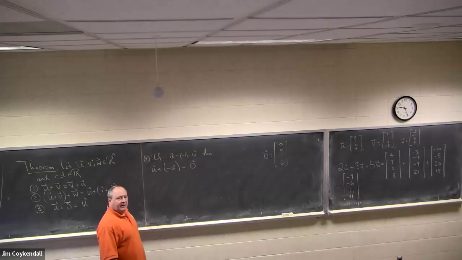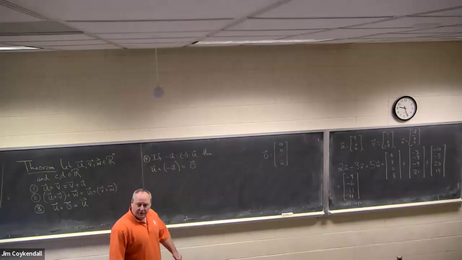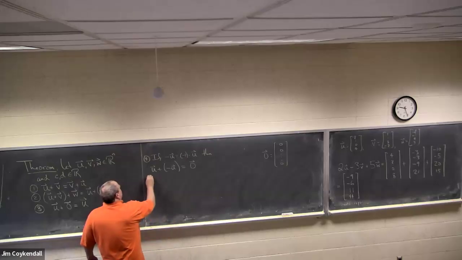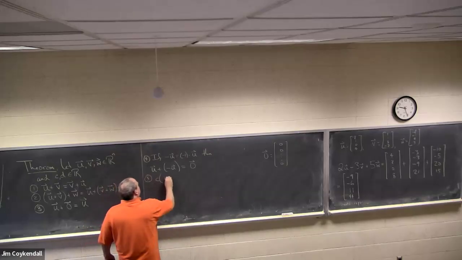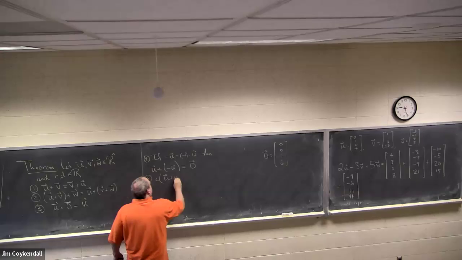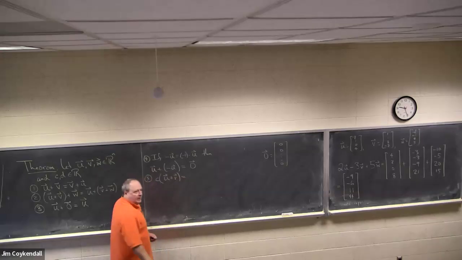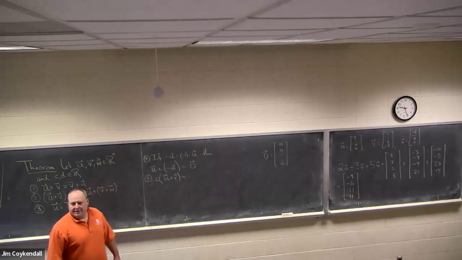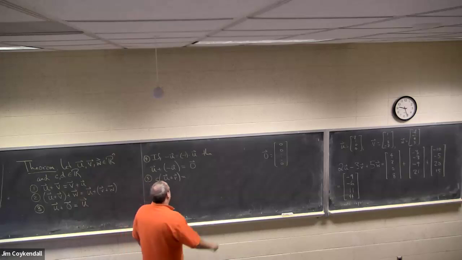Here's one that says that I can do two things to vectors, right? I can add them and I can scale them. This next one says scaling and adding play nice together. If I scale the vector u plus v, what do you suppose this should be? C times u plus C times v. That's right.